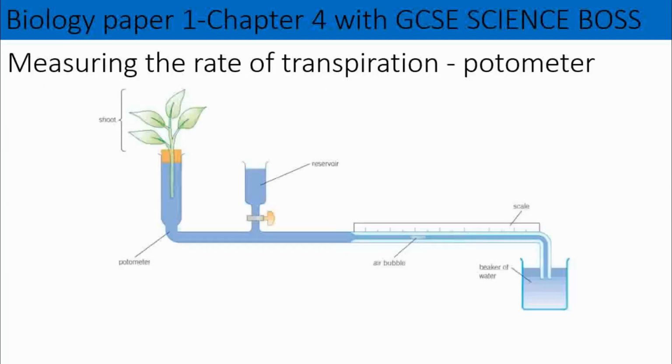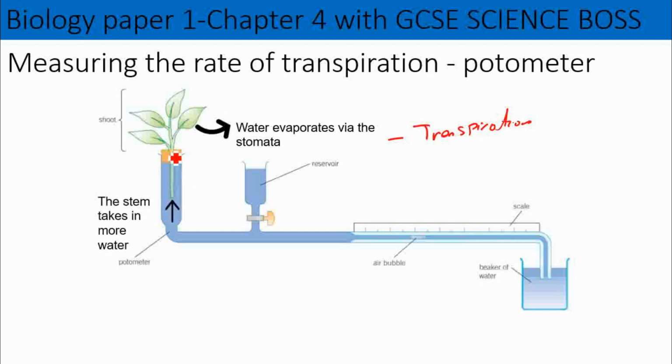Now, how do we measure the rate of transpiration? This is measured using an instrument called a potometer. As the water evaporates from the stomata in a process called transpiration, remember, we've spoken about transpiration pull.